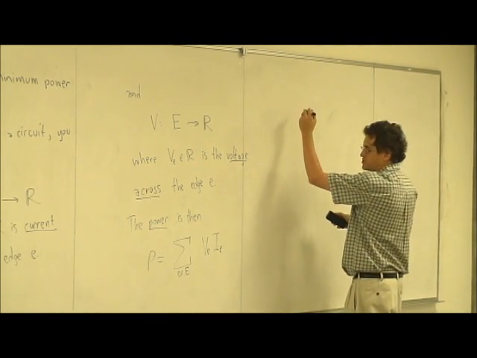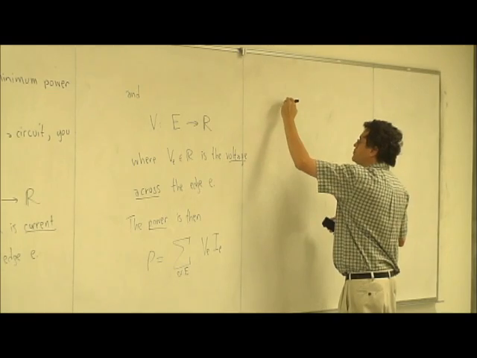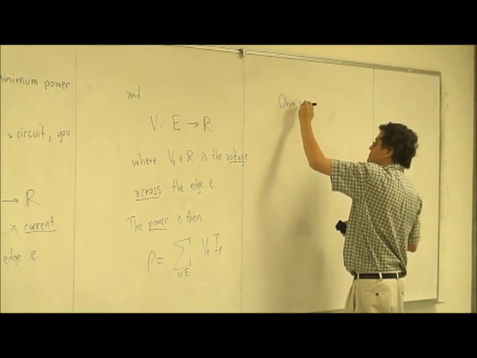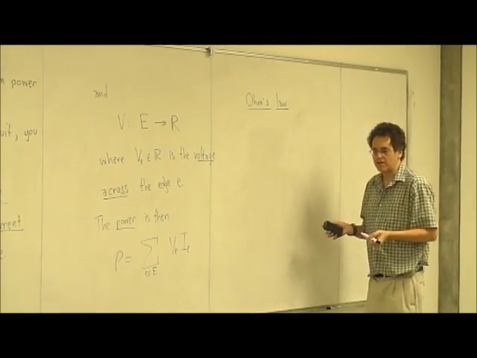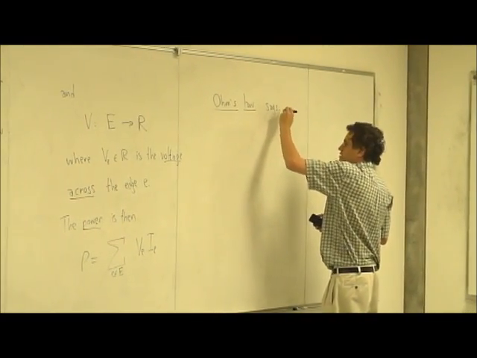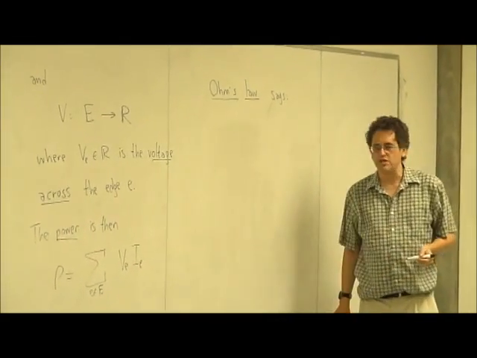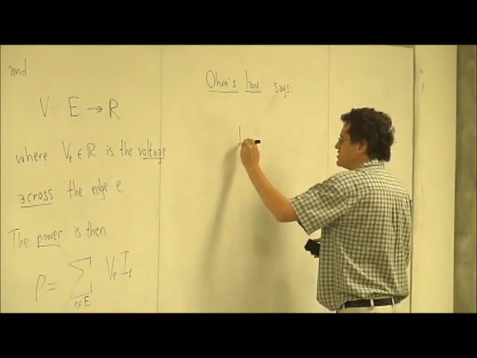So the first one I want to tell you about, I guess, is Ohm's law, which is an approximately valid law for resistors. And it says that the voltage is proportional to the current, or if you like, the current is proportional to the voltage.